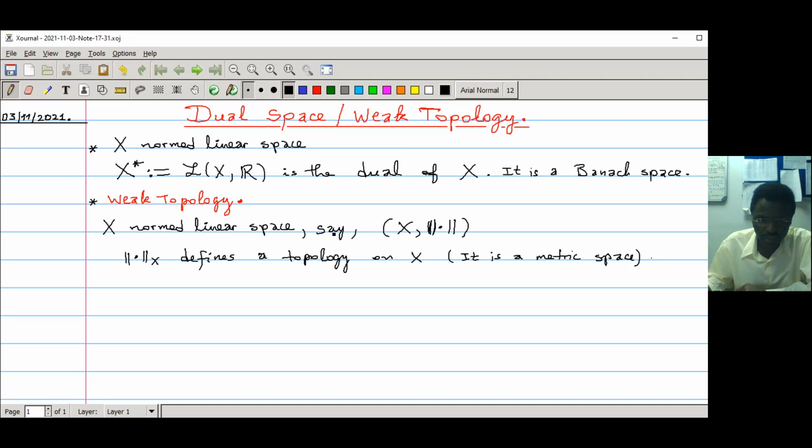So I will just put it here that this is the strong topology, in contrast to weak topology.